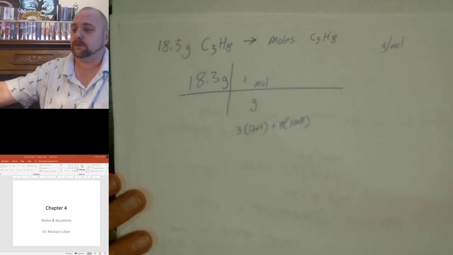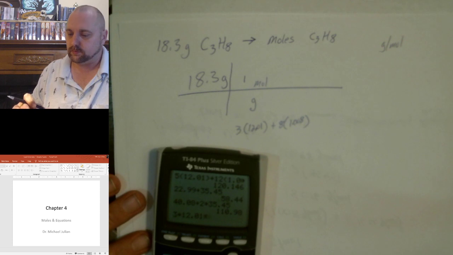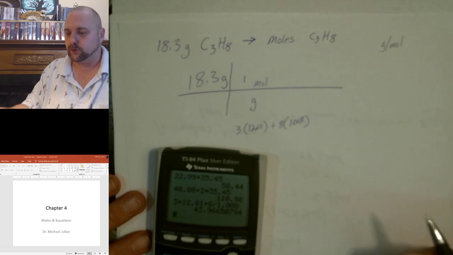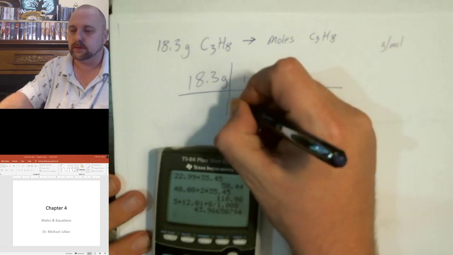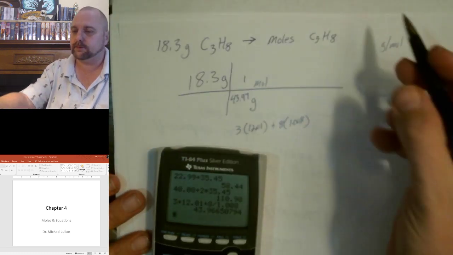So let's just type that in. 3 times 12.01 plus 8 times 1.008. 43.97. That'll get us close enough.